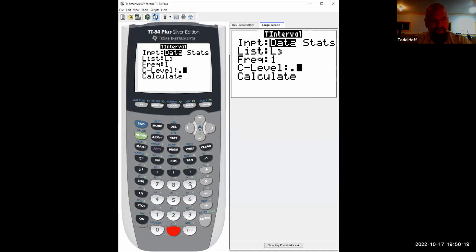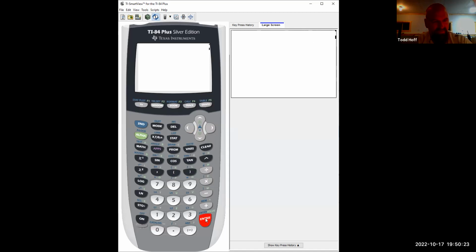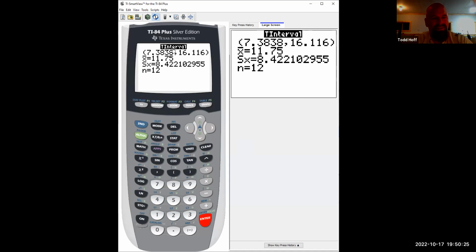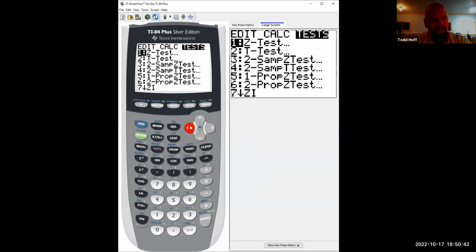If we did a 0.90 or whatever, 90% confidence level, we get our confidence interval there. So that's saying that with this sample the mean score difference in scores is between 7.38 and 16.12.